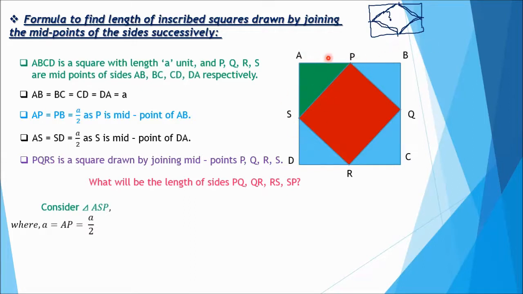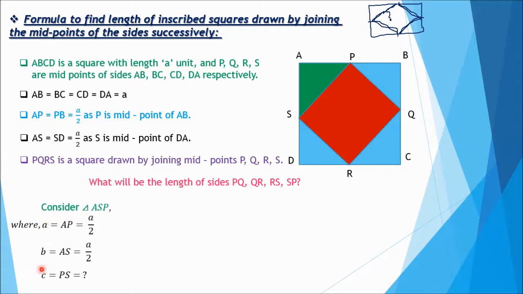The measure of AB is also a, so don't get confused. This a is for the right angle triangle, where a square plus b square is equal to c square. We are going to apply that formula. So a is AP, that is a by 2, and b is equal to AS, the base, and we have to find the hypotenuse c, which is equal to PS.